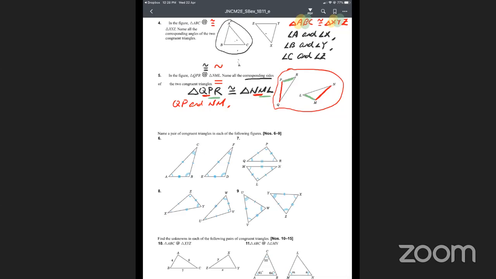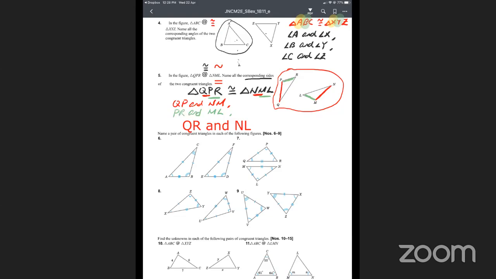Therefore we have PR and ML. They should be in one pair. They are the corresponding sides. Okay, do you understand up to this point? And then we have the last one because there are 3 sides in a triangle.